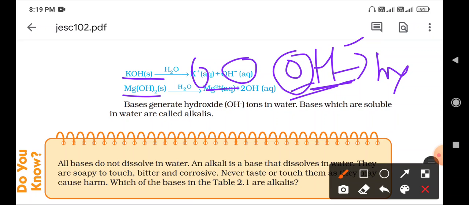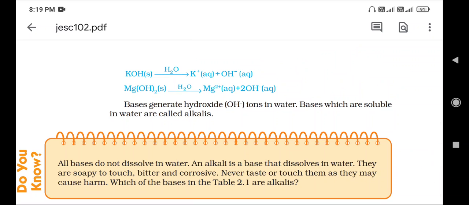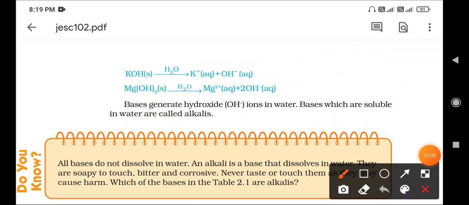This is simple. Acid or base reacting with water produces two types of ions. Acid produces H plus ions in water and base produces OH minus ions in water. Next, bases generate hydroxide OH minus ions in water.